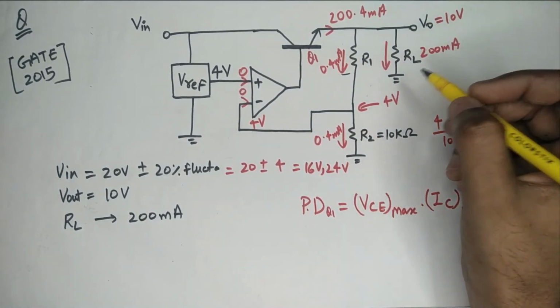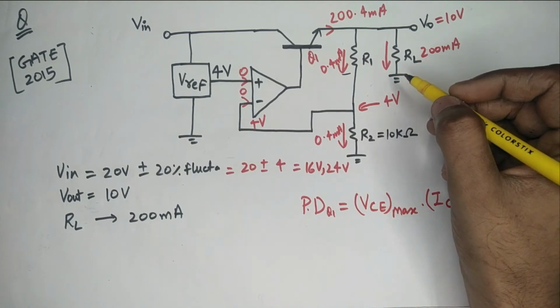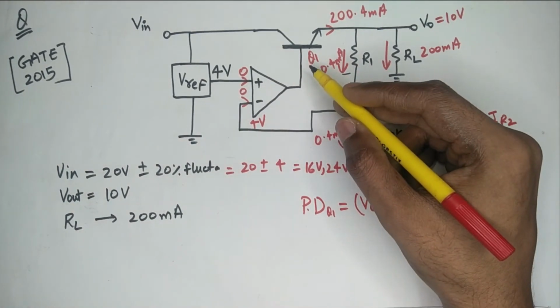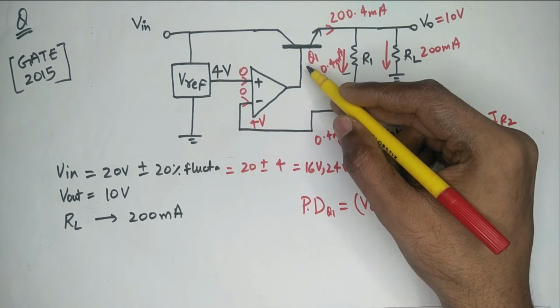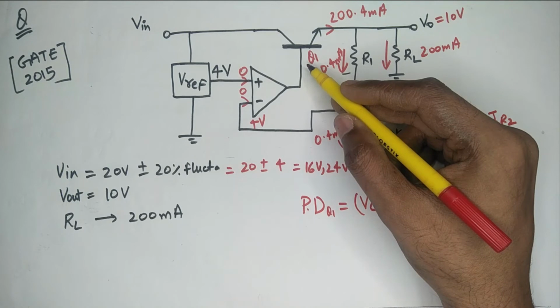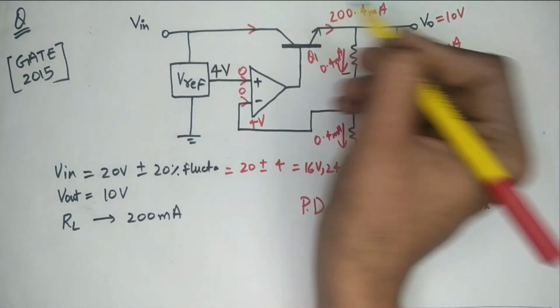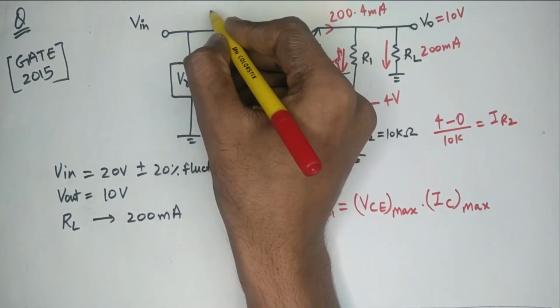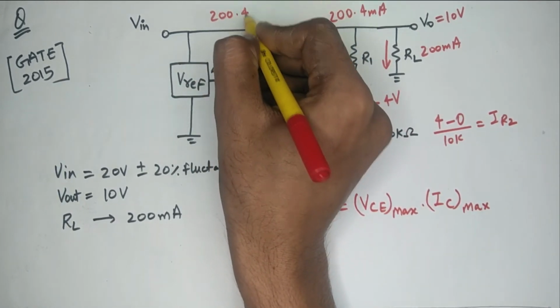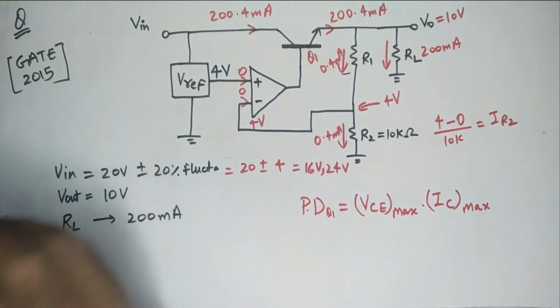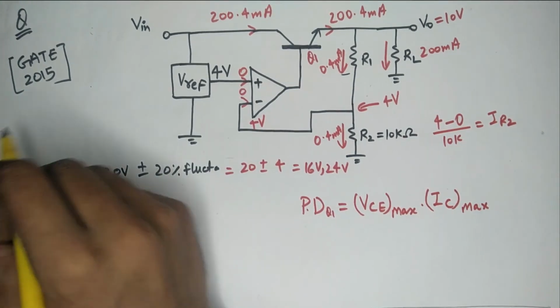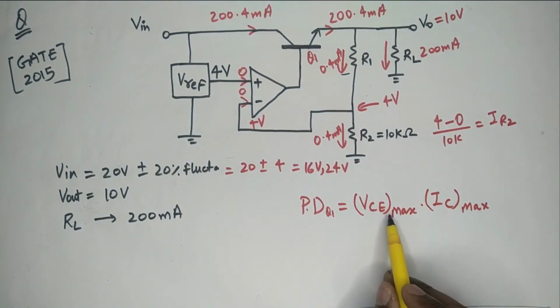In this question the value of beta has not been mentioned, so we can consider the value of beta large, and we can ignore the value of IB. Therefore IC will be equal to 200.4 milliamps. Now for maximum power dissipation, VC should be maximum and voltage at emitter should be minimum.